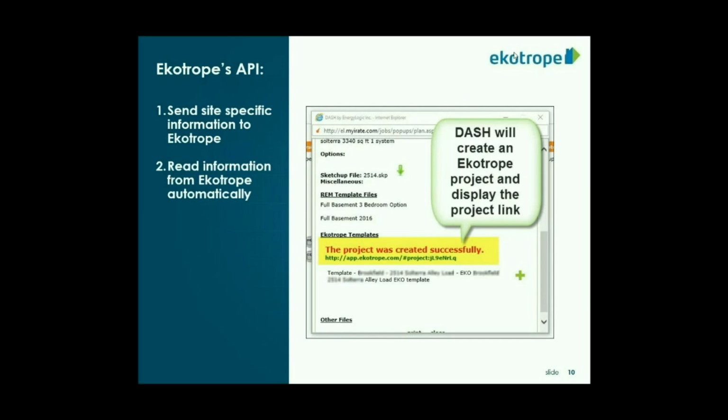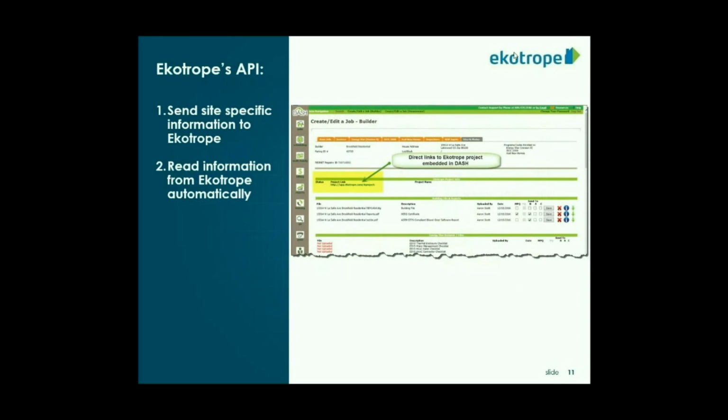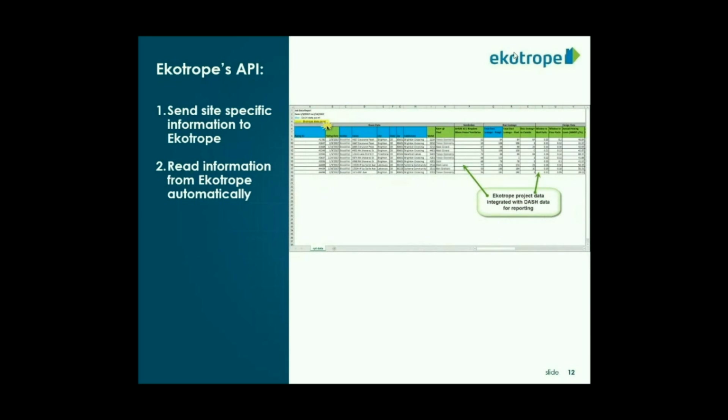No need to do double data entry once you start Ecotrope. Once you have the project, then in Dash you have a link that you can press, and then you go directly to that project in Ecotrope with all the information that exists for the project, and then you can read back the information coming from Ecotrope. You can get the errors, the energy performance, what have you.